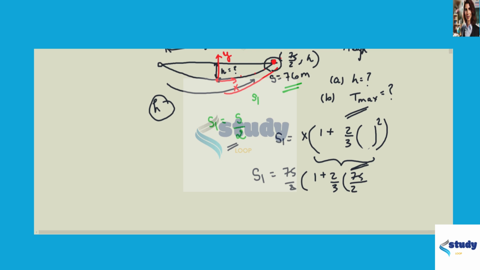It's my mistake. So this is y over x. We have to make the correction here also. So y at the point we are considering is h, and x is 75 over 2, so 2h over 75, and its whole square.